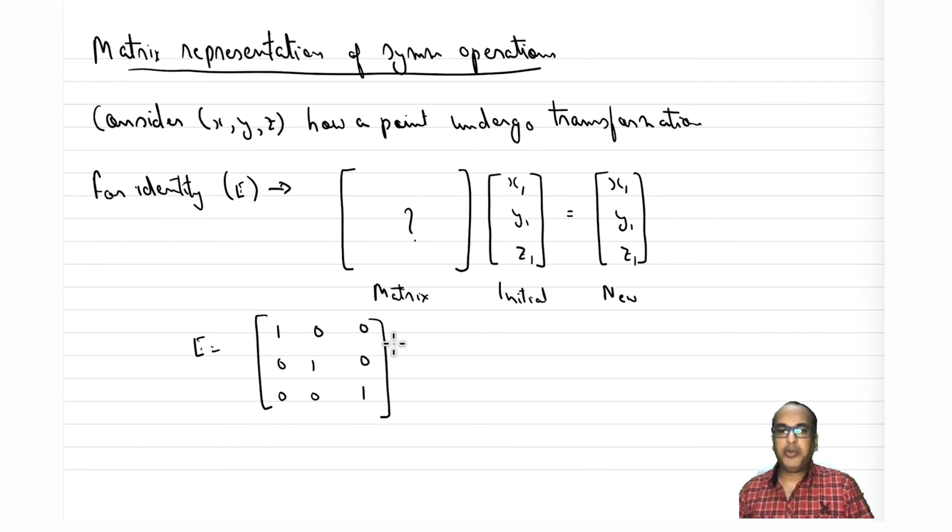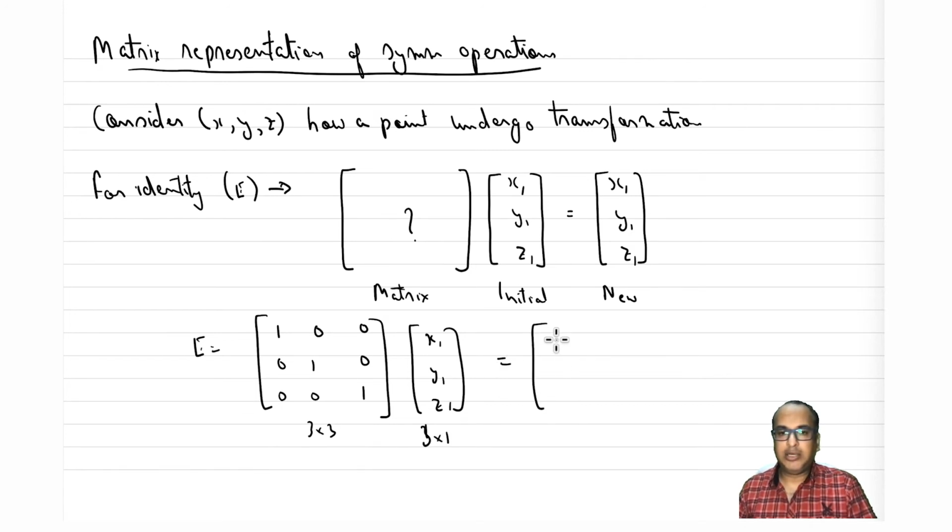Now if we do this multiplication, this is a 3 cross 3 matrix, and we multiply x1, y1, z1, which is 3 cross 1, so what we will get is a 3 cross 1 matrix, right? And we all know how to multiply matrices, right?